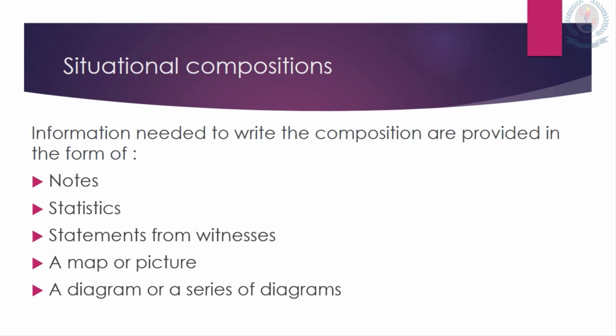This is somewhat similar to directed writing, but in this situational composition, you are given only the information needed in the form of notes, statistics, statements, pictures, diagrams. Then you have to gather all that information and write your composition. That is called situational composition.